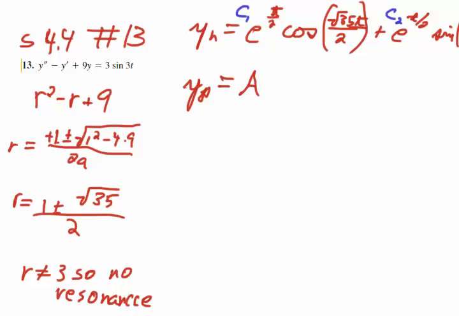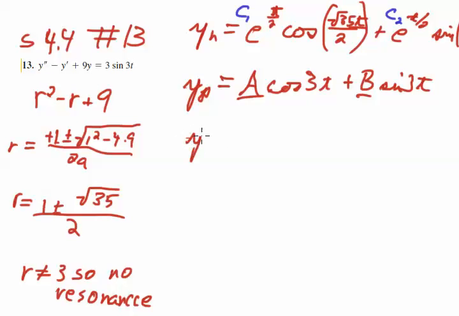But for our particular solution, we're going to have the form a times cosine 3t plus b times sine 3t. We need to determine what this a and this b are. And in order to do that, we need to find what y prime and y double prime are.